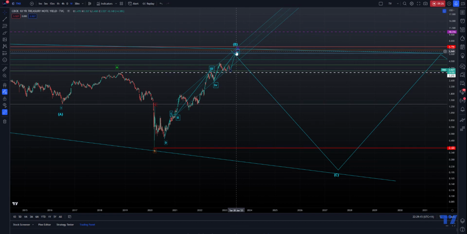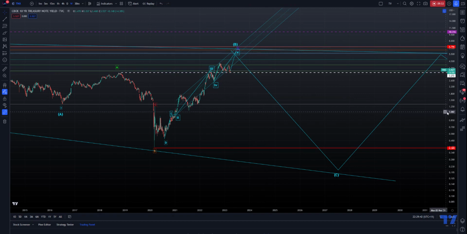Whatever happens is more than likely going to happen towards the end of this year. So there's still some time to get ready and anticipate this move down. And because of the pattern, I think the current count for the Dow Jones is correct, and that we will see another all-time high before this event takes place.